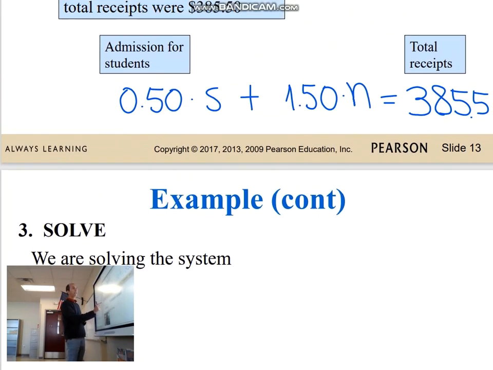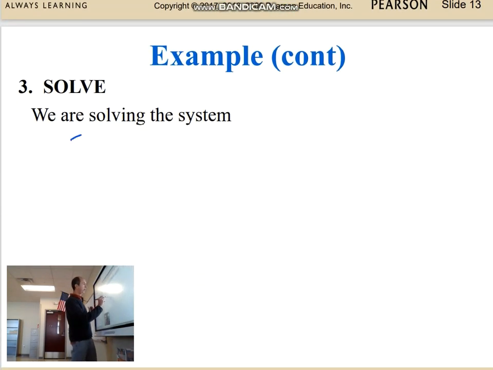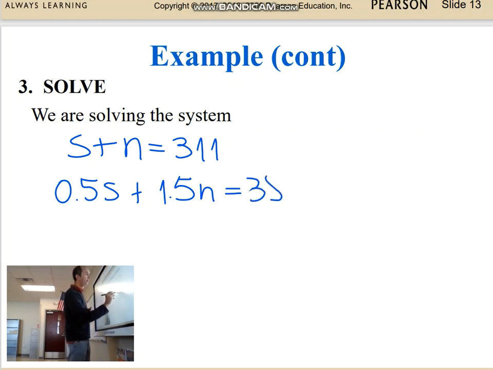Now we solve this system. The system is S plus N equals 311 and 0.5 S plus 1.5 N equals 385.5, right?